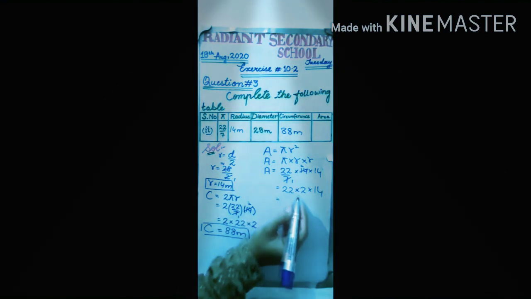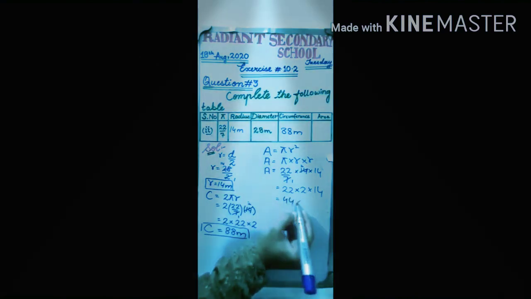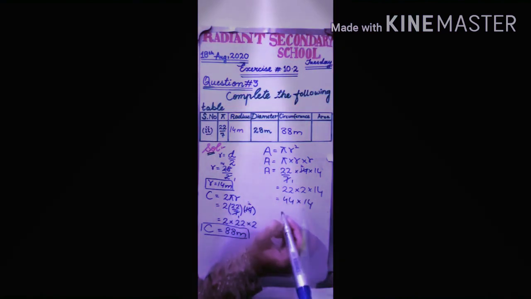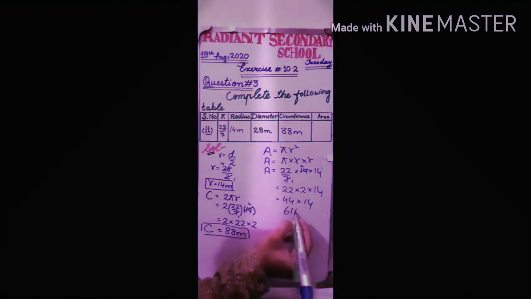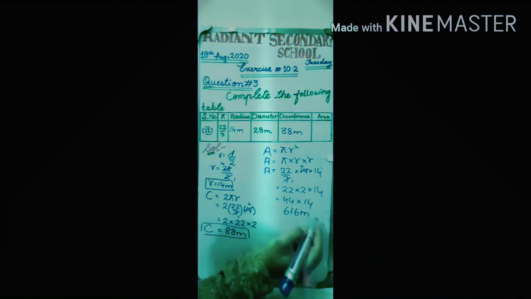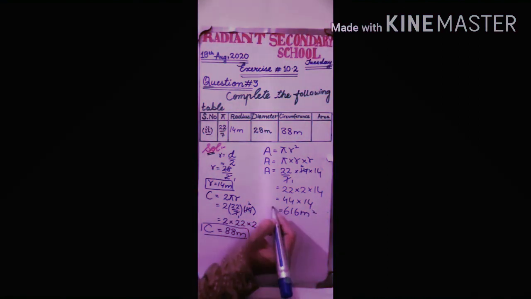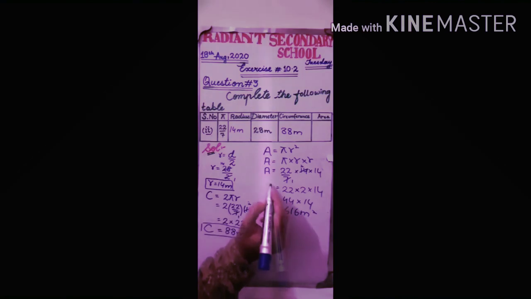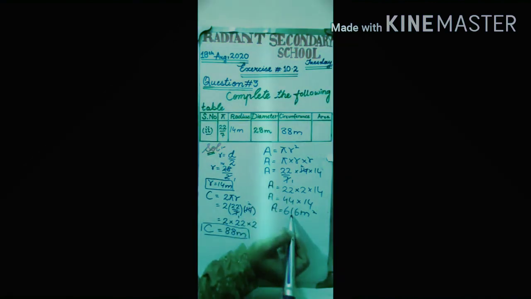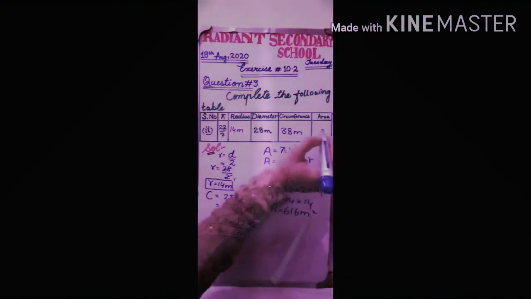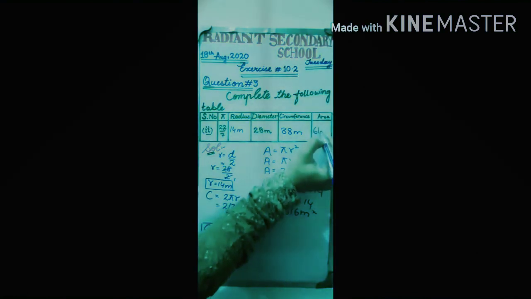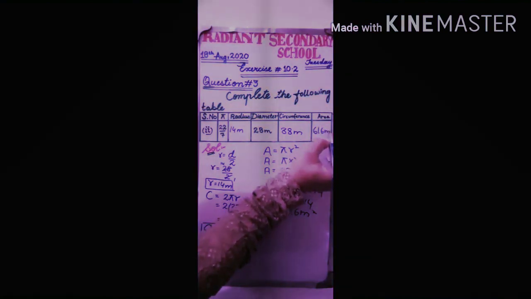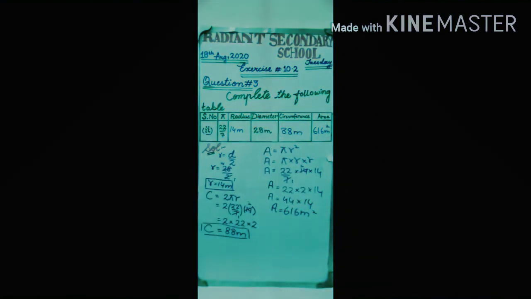Now 22 twos are 44 multiply by 14. 44 multiply by 14 will become 616 meter square, because we have found area. That's why we have to mention the unit here. Area is 616 meter square. So you have to write here 616 meter square.